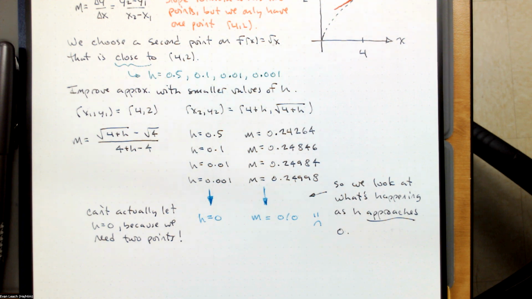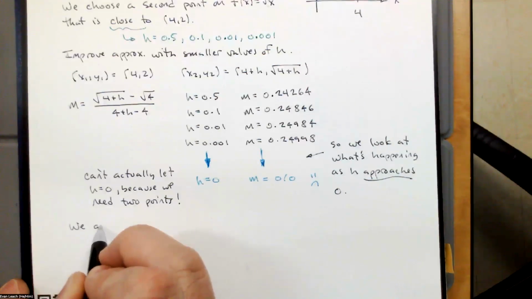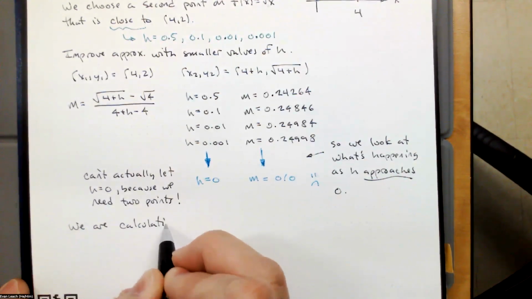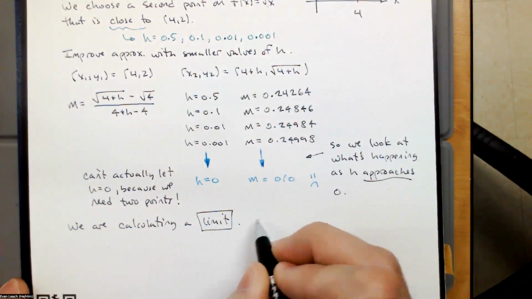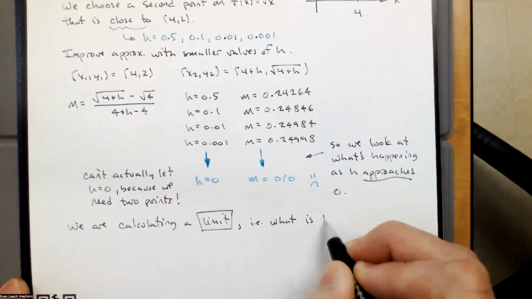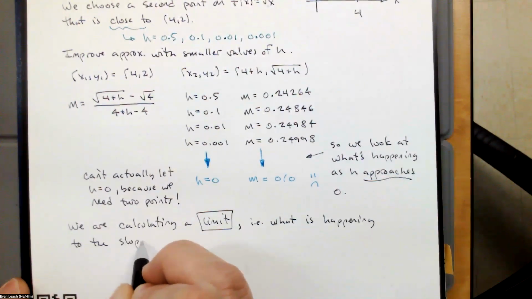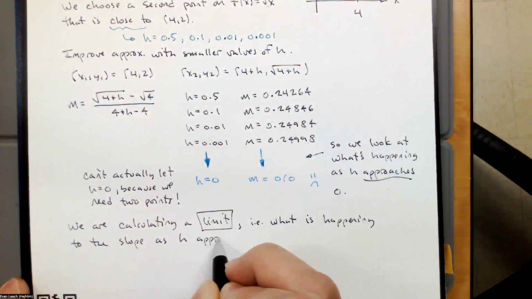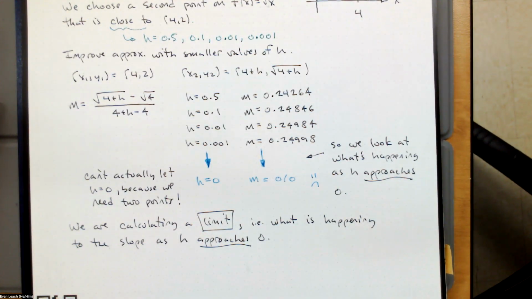In other words, what we want is what we call a limit. What is the limit as h approaches 0 of the slope? h can't be 0, but what's happening as h approaches 0?